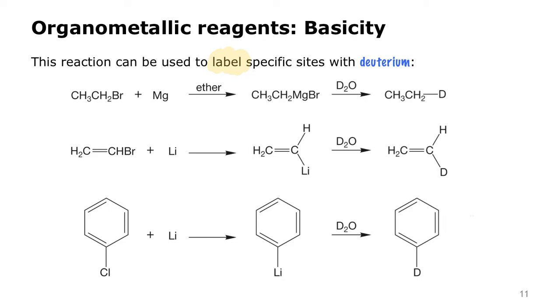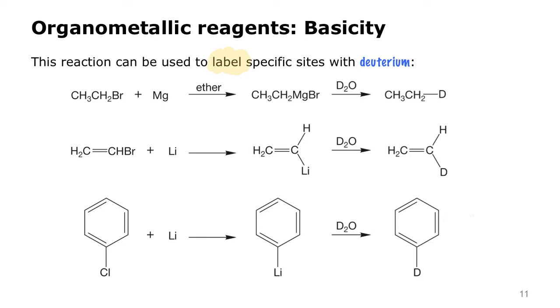Here, labeling means replacing an atom of an element with a different isotope of that element. So in this case, replacing hydrogen 1 with hydrogen 2, which is referred to as deuterium. Hydrogen is the only element on the periodic table that has symbols for its isotopes. D is the symbol we use for deuterium, which is hydrogen 2.